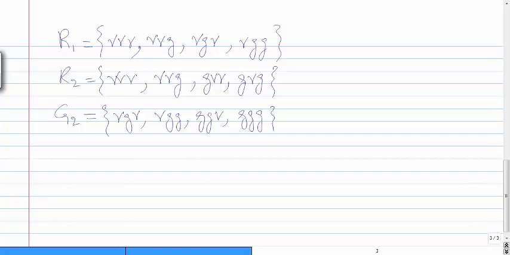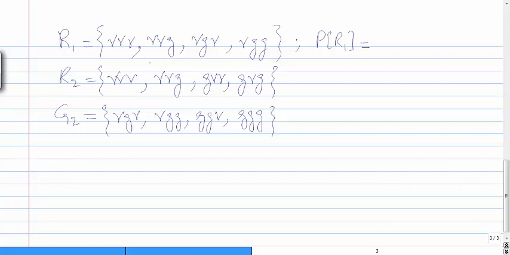As we know that all these outcomes are equally likely, let's write the probability of R1.